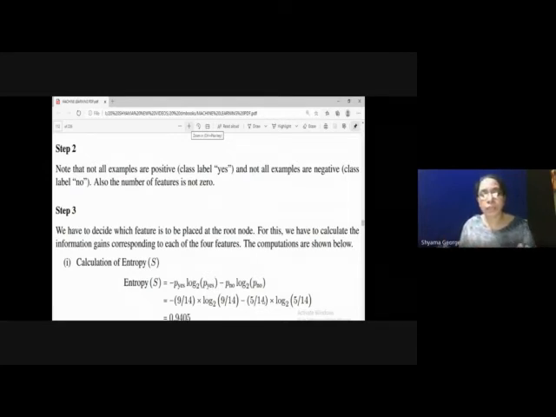So the entropy of the entire data set is minus 9 by 14 into log 2 to the base 9 by 14, minus 5 by 14 into log 2 to the base 5 by 14. When you calculate this, it is 0.9405. This is the entropy of the whole data set.